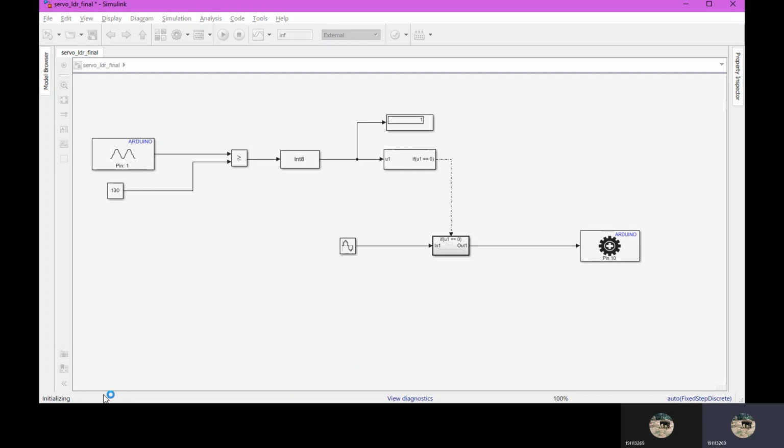Now initializing. And now it is building a code to upload it to Arduino.